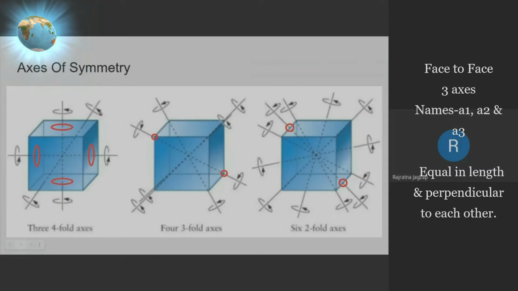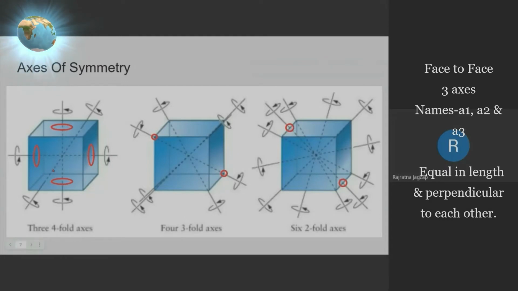They are named A1, A2, A3. The letter A is used for all because all are of the same size. If you measure the distance from front face to back face, that equals the distance from left to right face, which equals the distance from top surface to bottom surface. So these distances are the same.